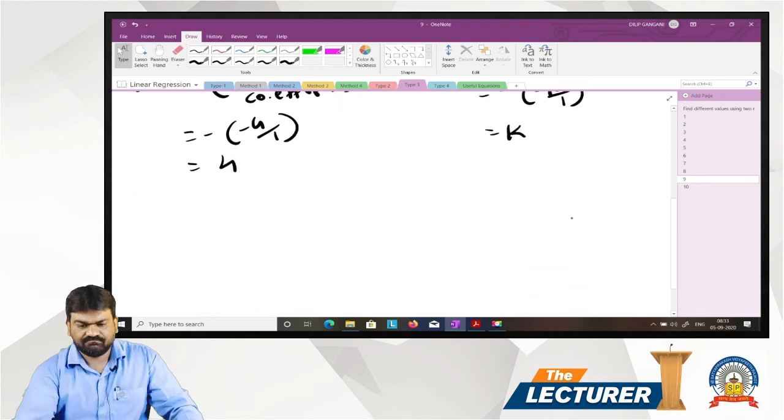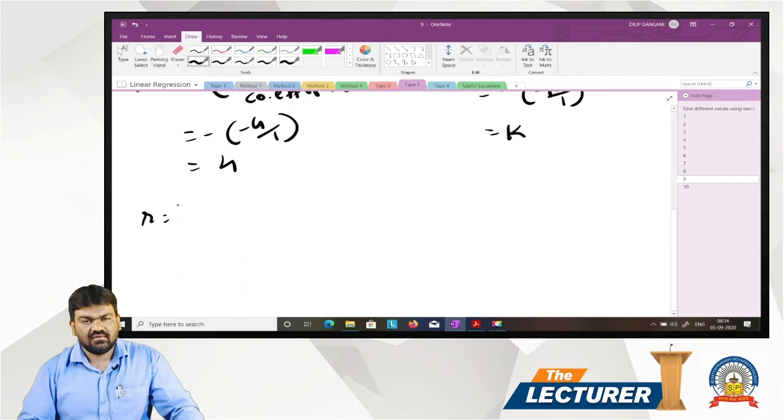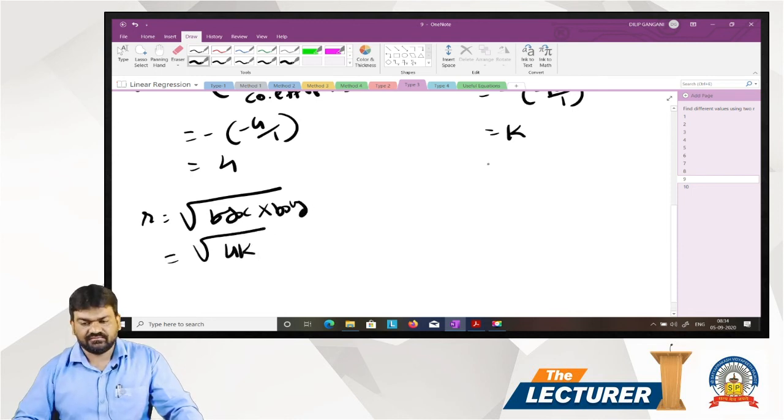Okay, now what is r? R is equal to under root byx multiplied by bxy, under root 4k.